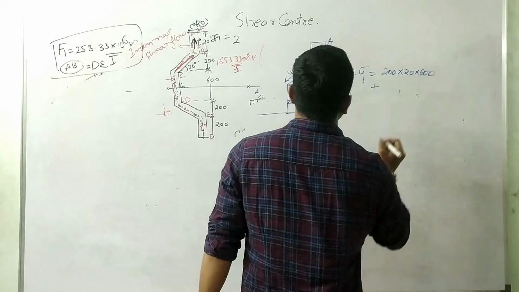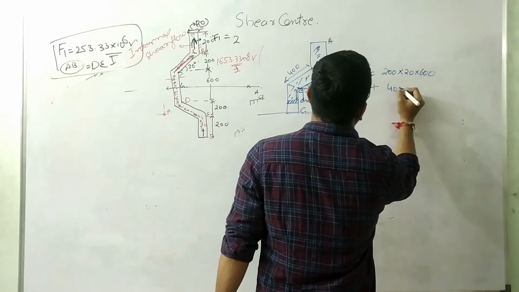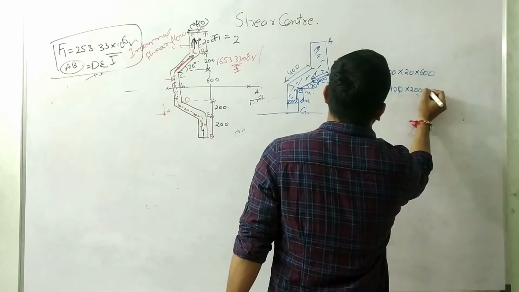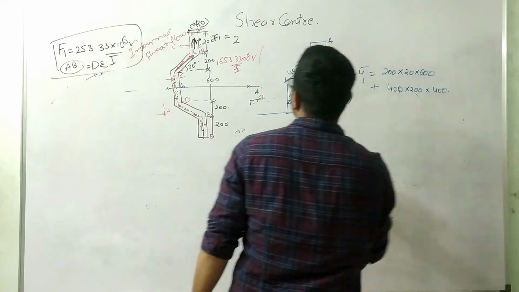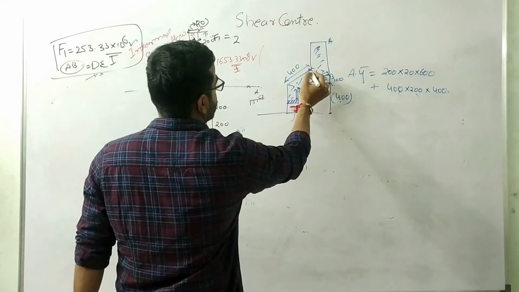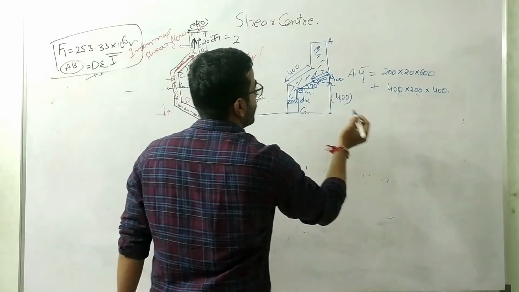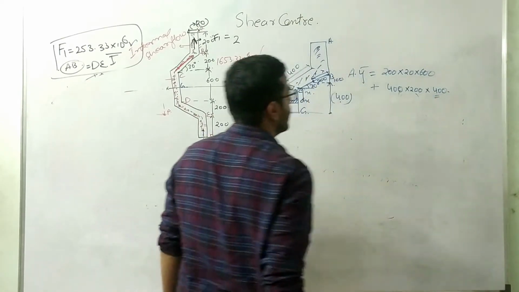So for this portion, for BC segment, our AY bar will be 400 into 20 into 400. 400 is nothing but the area of this segment into Y bar. Y bar from the neutral axis is 400, right?